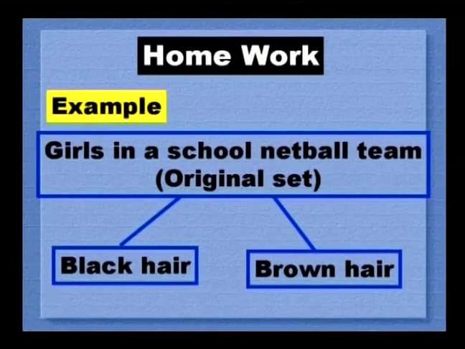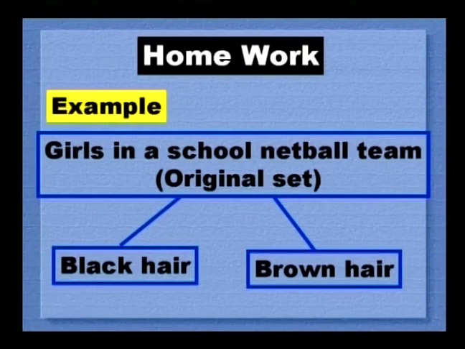You had an original set. From the original set, you made two subsets. And you are going to have it in a tree like this. And this tree is called a classification tree. Now, the example we have says, girls in a school netball team.